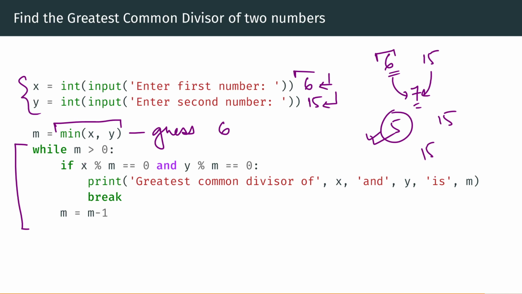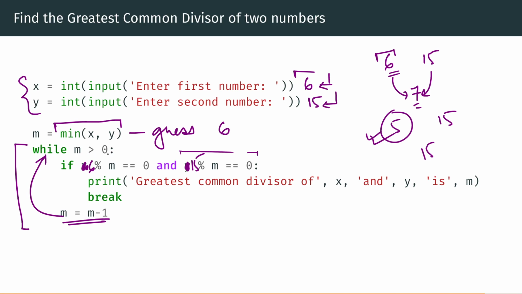So 6 modulo m, where m is 6, is equal to 0. Yes, this evaluates to true. But 15 modulo 6 does not equal 0, so this part evaluates to false. So we decrement m and go back.